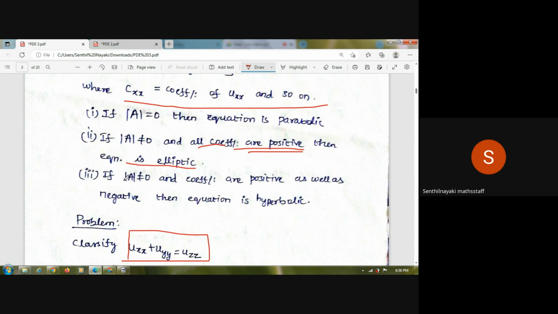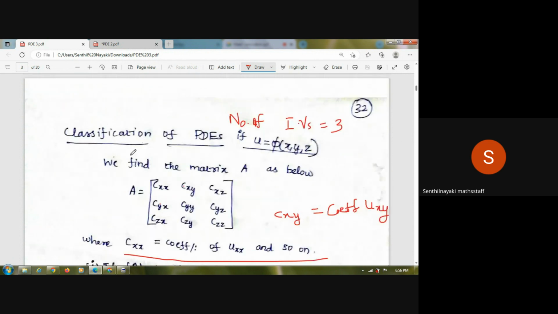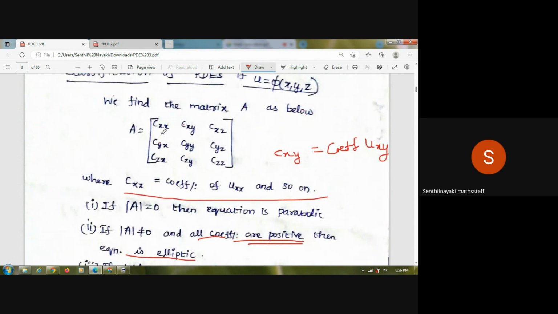Suppose the determinant is not equal to 0 and the coefficients have both signs, positive and negative, present, then we can say that the given PDE is hyperbolic. Okay, are you able to understand? In this second type of classification of PDE, the number of independent variables is 3, and we have to write down the matrix with the help of the coefficients of the second order derivatives.